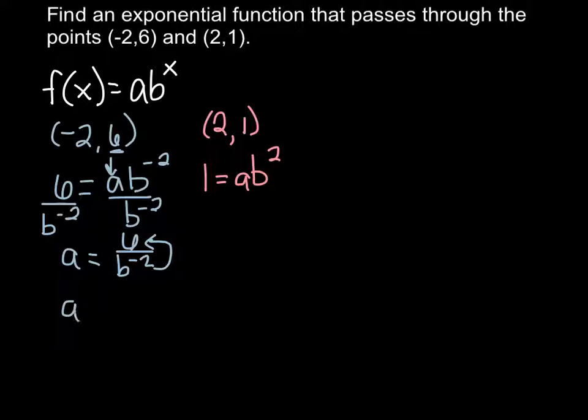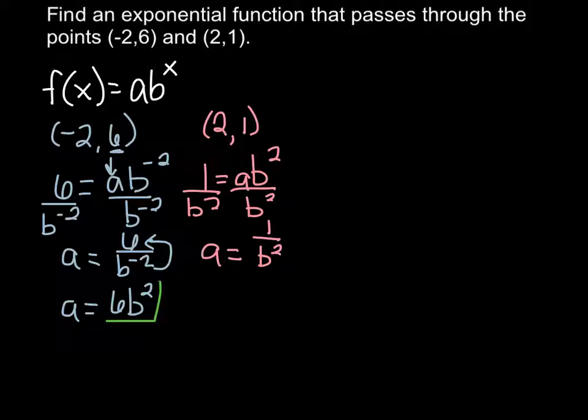So I can say that a equals 6b squared. Well, let's do the same thing over here. Let's divide by b squared, divide by b squared, and in this case, a equals 1 over b squared.